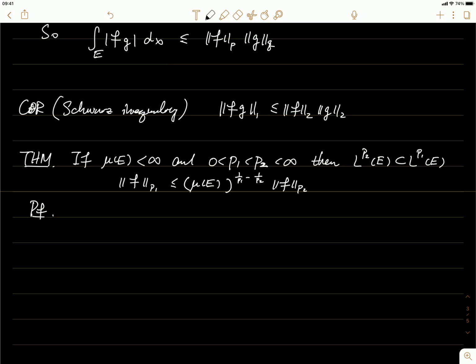Actually, this P2 could even be infinity, but if it's infinity, it will be trivial.